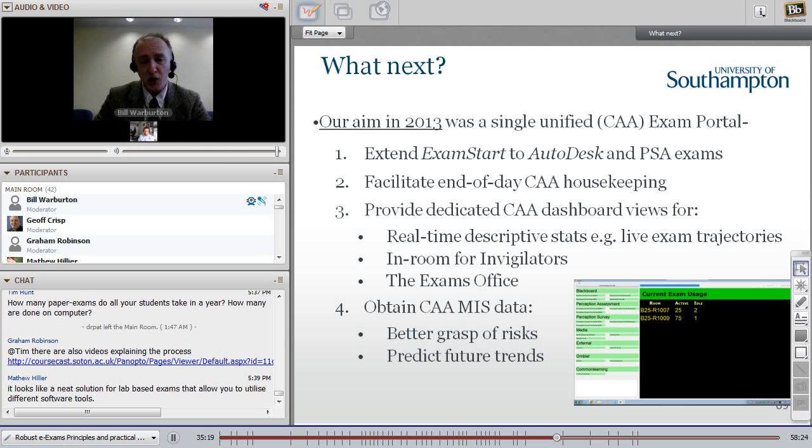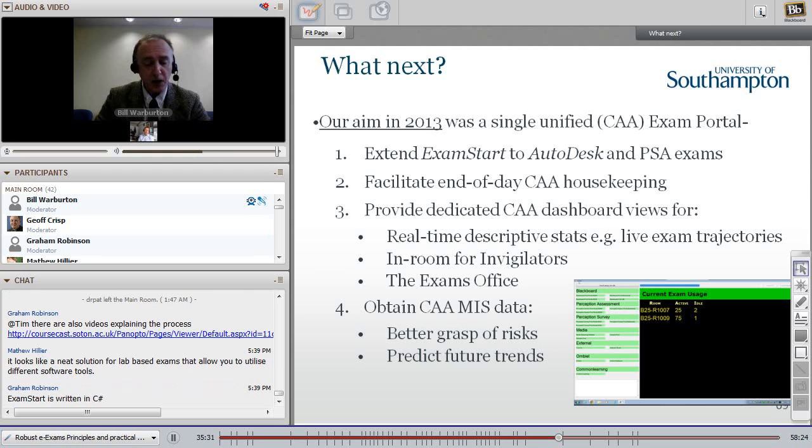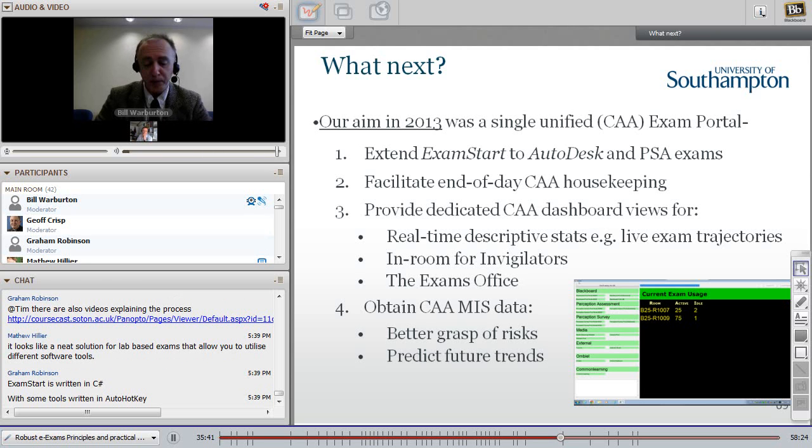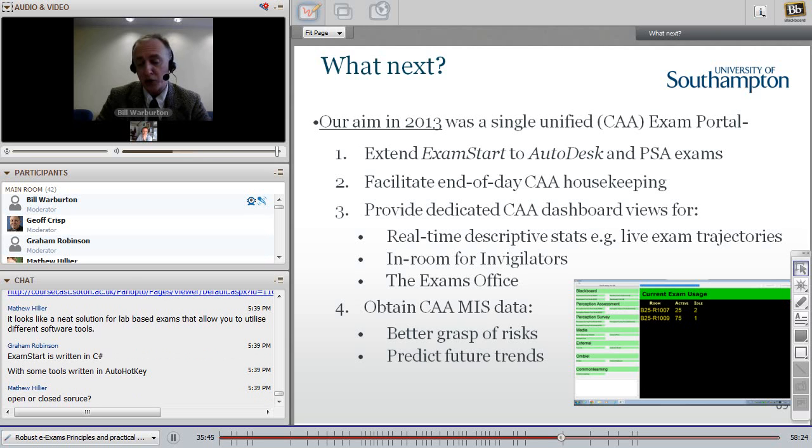The main driver behind that is we would like to know whether we're on an upward trend for the use of CAA in different kinds of software, different environments, or whether it's static and we don't have to worry so much about spending more money on it next year, or indeed whether we should be pestering the university to provide more workstation accommodation, or to extend the exam day, so that we can get more sessions into the existing accommodation.